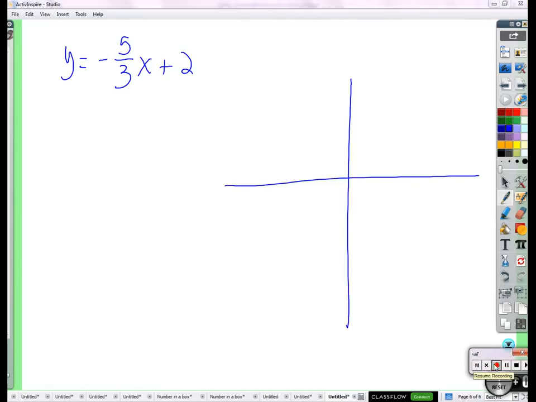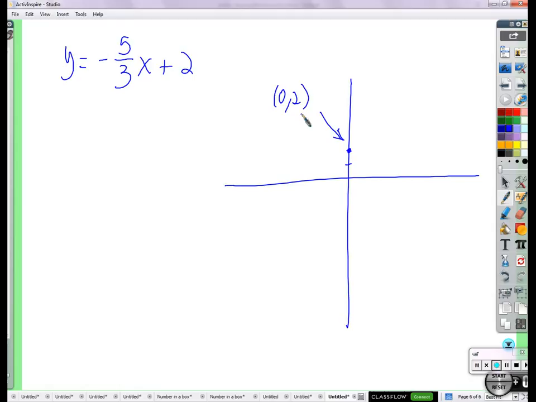Let's plug in the easiest input that there ever was: 0. We'll get out 2. So 0 comma 2. It would do the same pattern exactly. So 0, 2 is the easiest output to find.